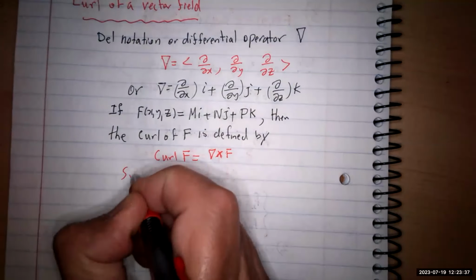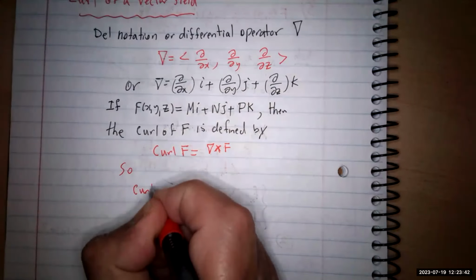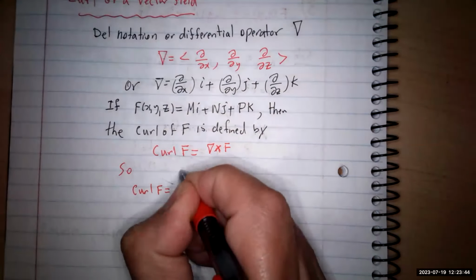So this is going to be the definition of the curl. So the curl of F is going to be equal to the determinant of a matrix.